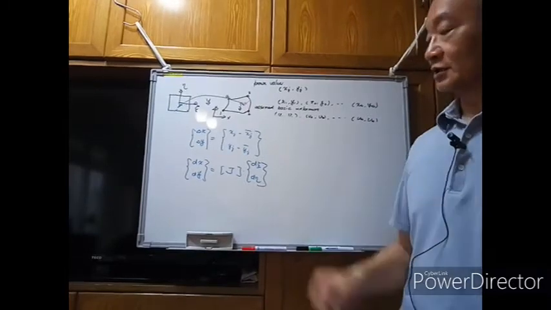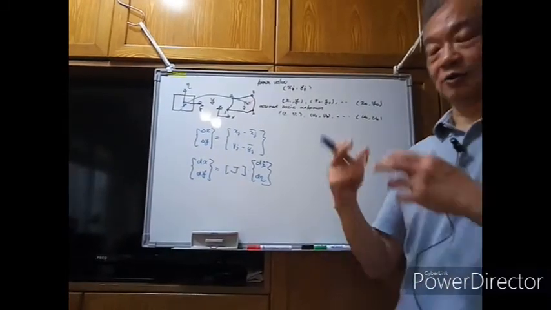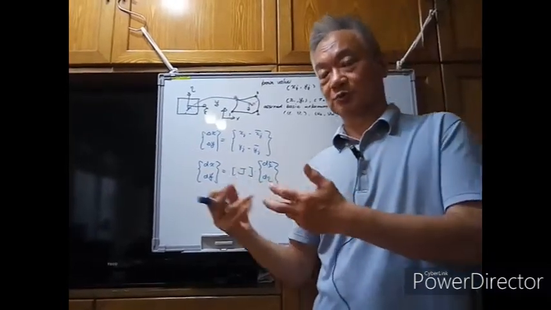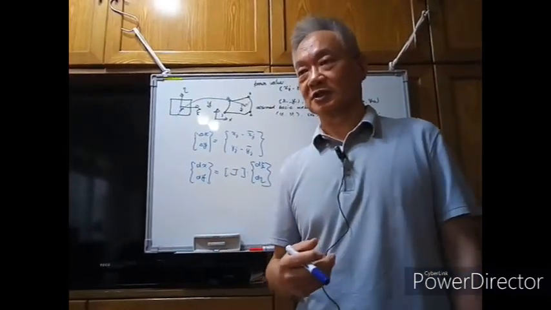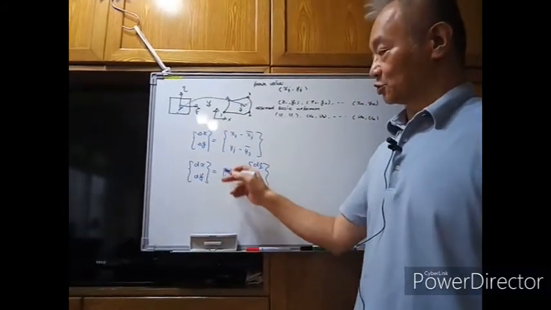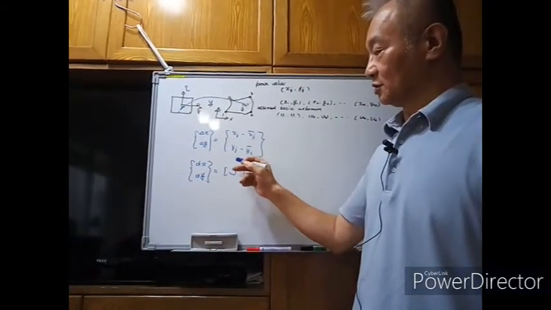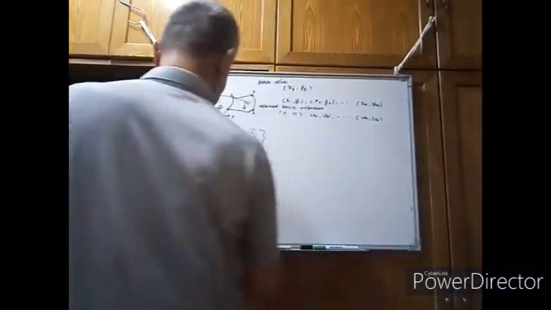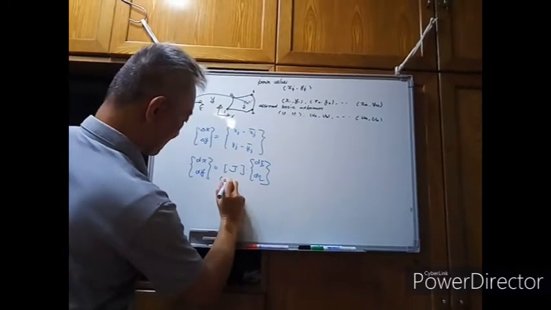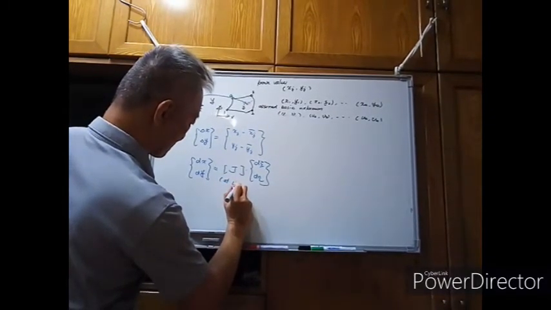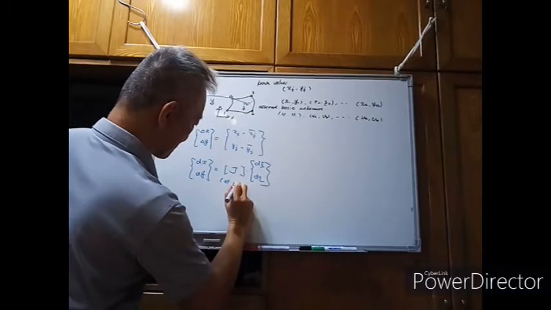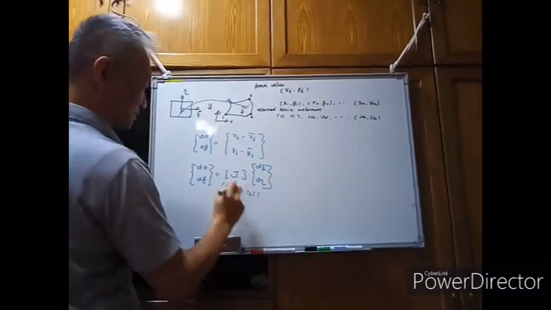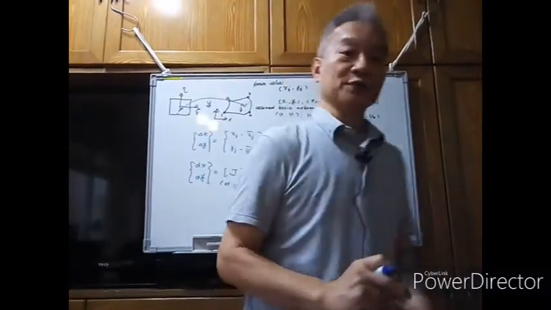If we know the cj and eta j, although they are the assumed or trial values, since we assume the cj and eta j, we can calculate the corresponding Jacobi matrix.